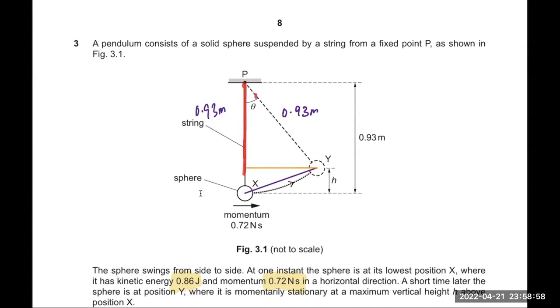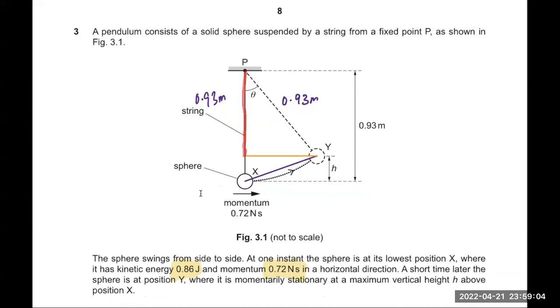This here is a right angle triangle with this hypotenuse being 0.93, this side being 0.93 minus h. So this part here, from this point all the way up to this point, is 0.93 minus h, which is 0.29.